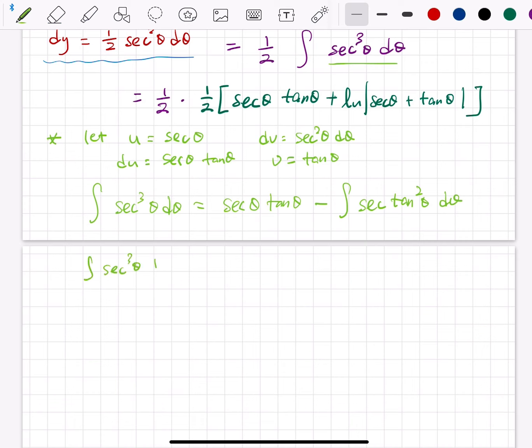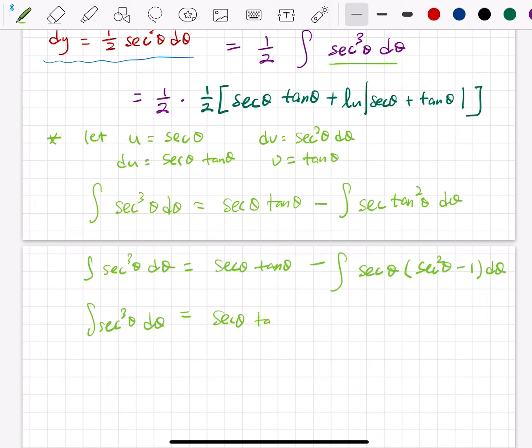We're going to use the identity to rewrite tangent squared as secant squared theta minus 1, where we will have the antiderivative of secant cubed, and then the derivative of secant theta, and those two together become two copies.